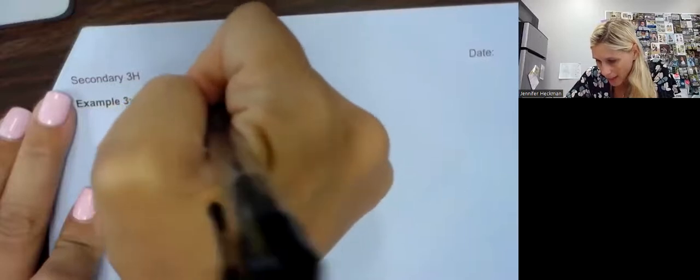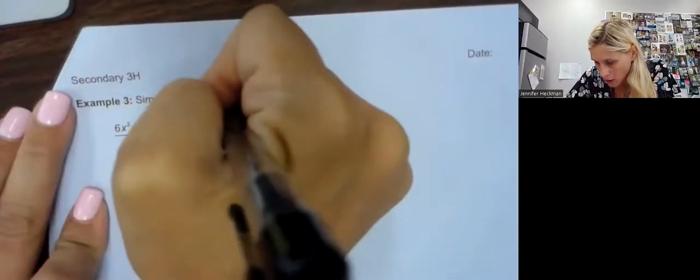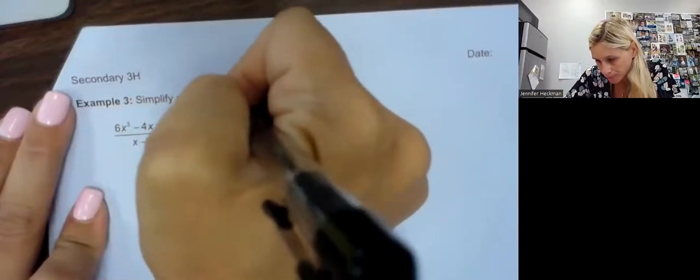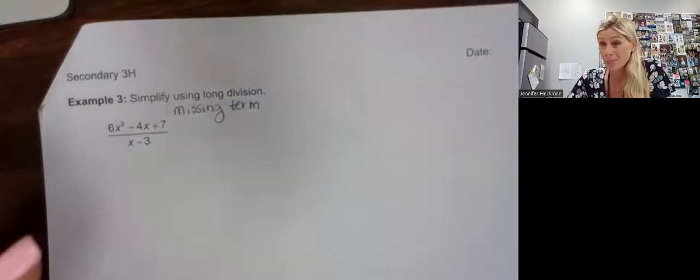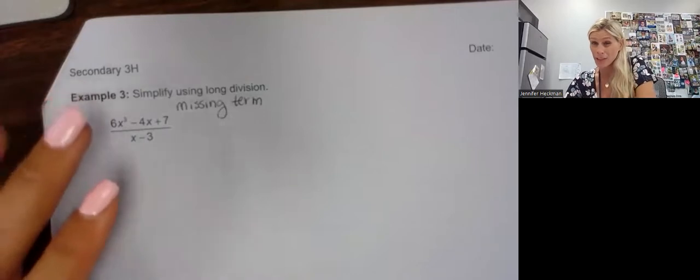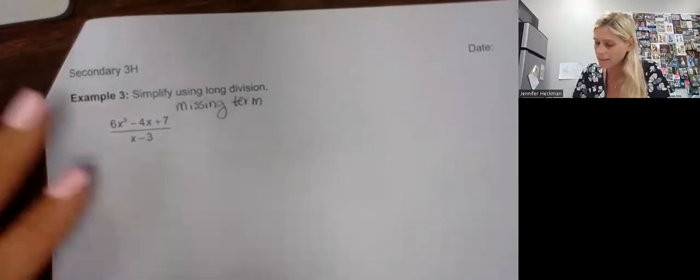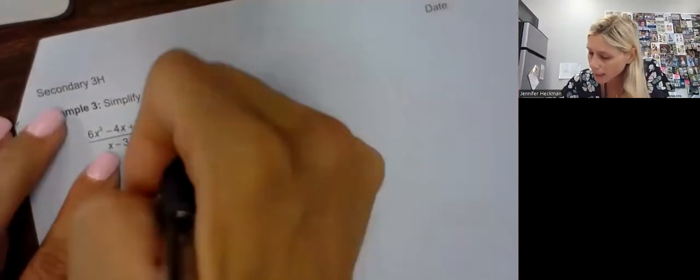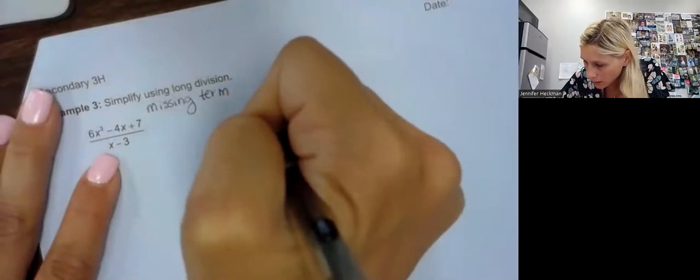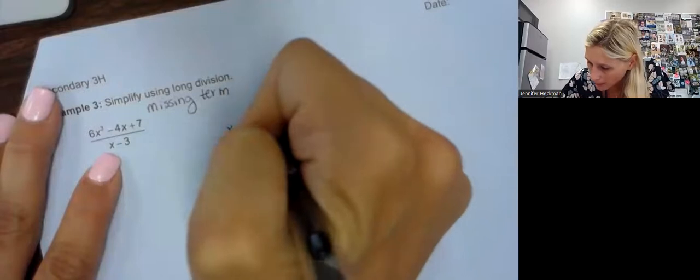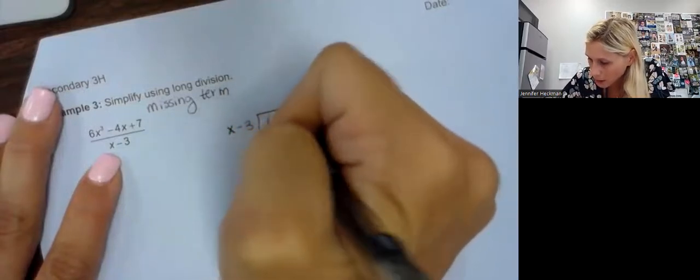I go from x cubed to x. So we're missing a term. Now, when you miss a term there, you actually have to plug it in when you do long division, so it doesn't confuse you, right? So we're dividing by x minus 3, so that goes on the outside. And on the inside here, I'm going to write down 6x cubed.